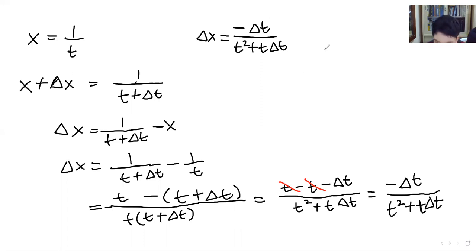So we can divide delta x over delta t. This would be a big fraction.